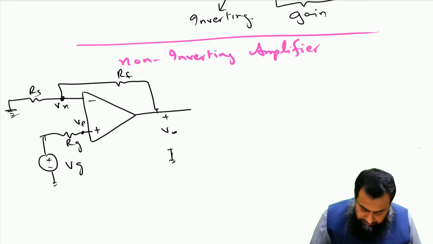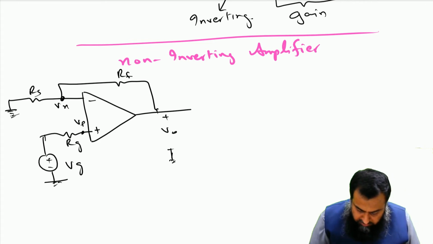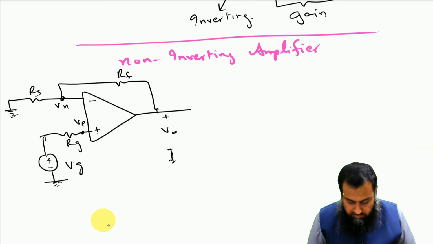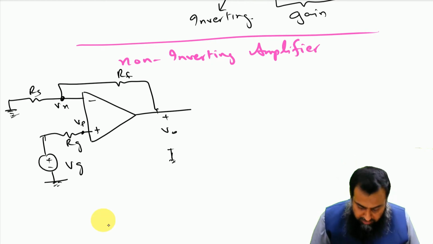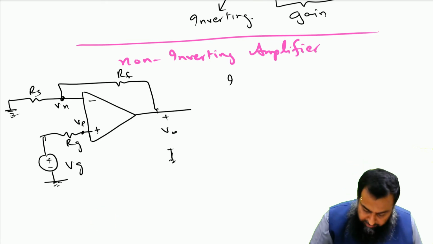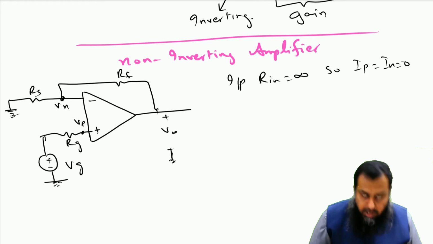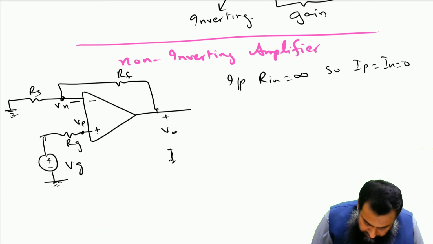Now notice here that there is a resistance Rg which is connected between this Vp and this Vg. However, because the input impedance is infinite, Rin is equal to infinity, so Ip is equal to In is equal to 0. Remember that Ip and In mean the current which is entering here.